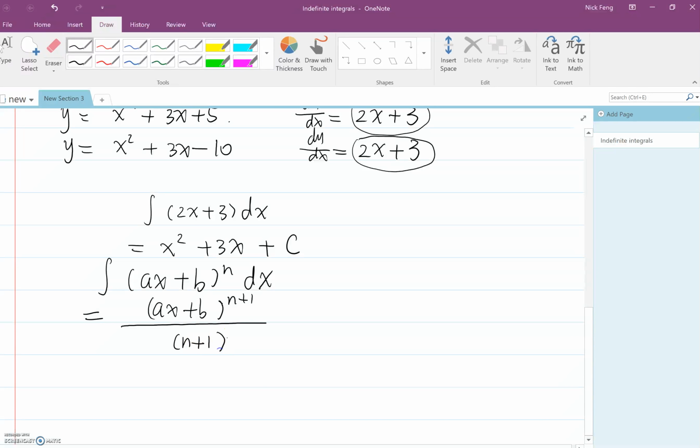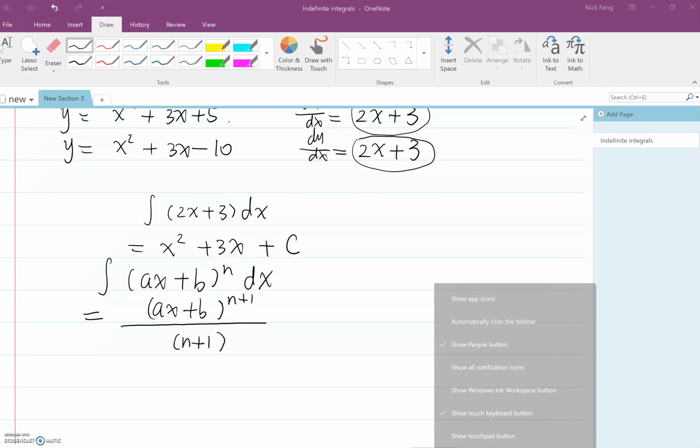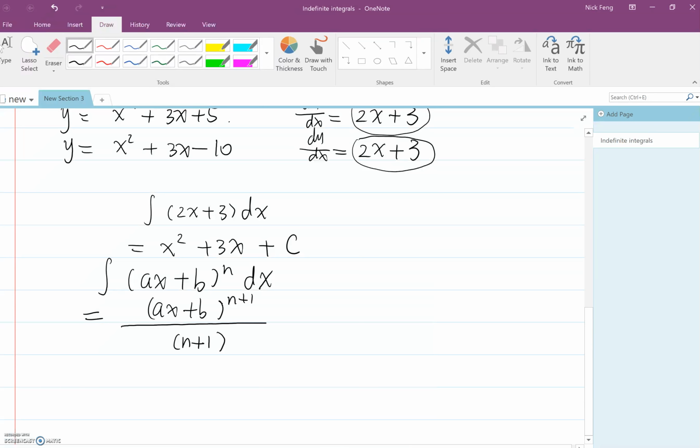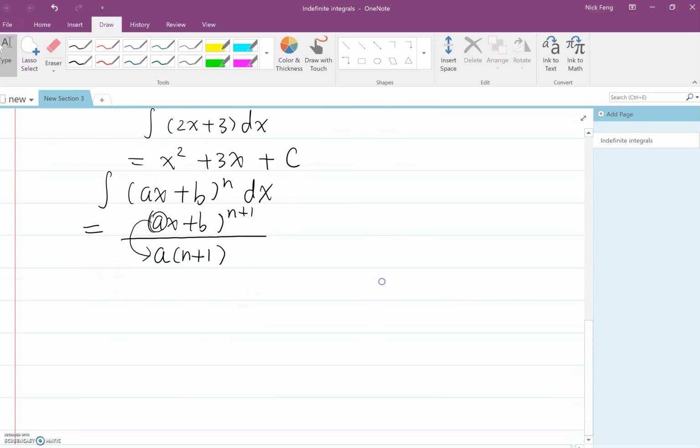However, it's not that easy. Well, it's not that hard either. All you need to do, at the bottom, you also divide by a, which is the same value as the coefficient of x in here. Okay, so we'll be talking about this as well as the normal indefinite integral.